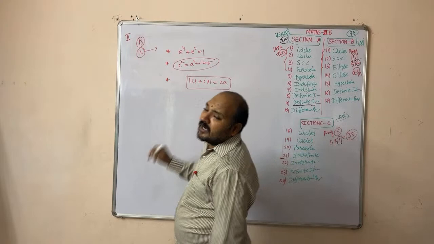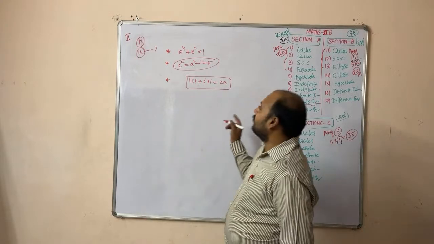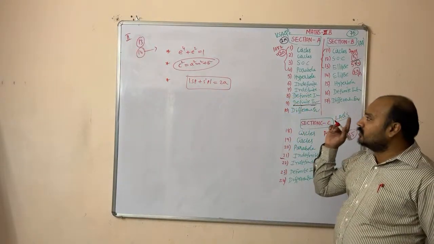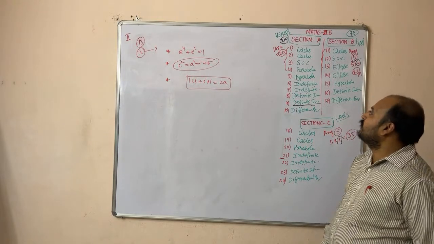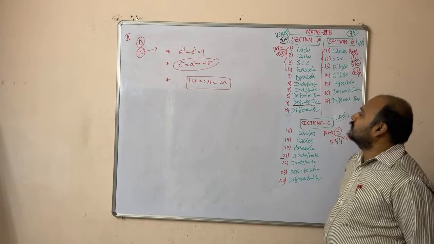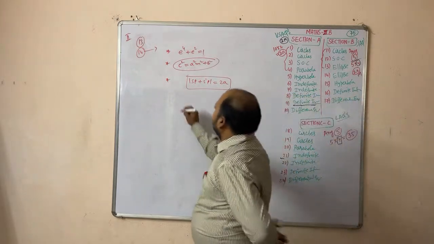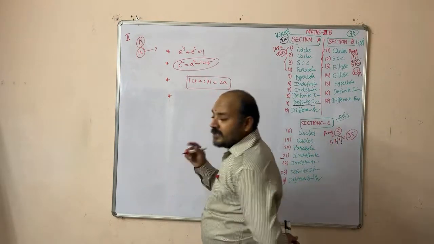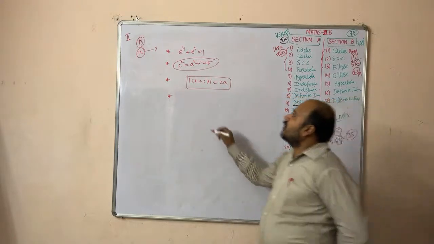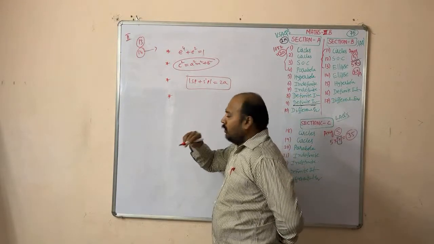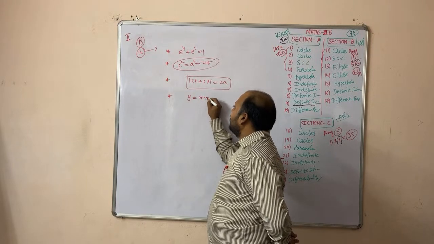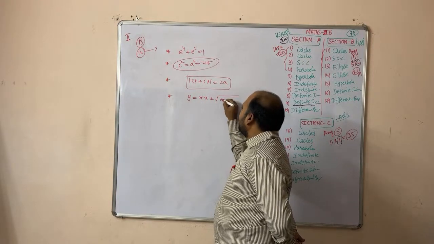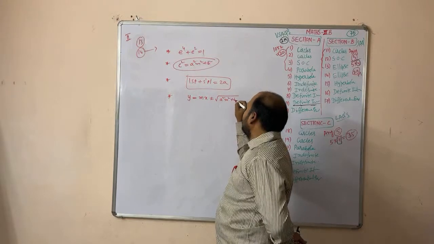Next, in this category, please go through the examples before 4B. Other than this, in the exercise, find the equation of tangent with slope m: y is equal to mx plus or minus root of a square m square plus b square. Do you remember this?